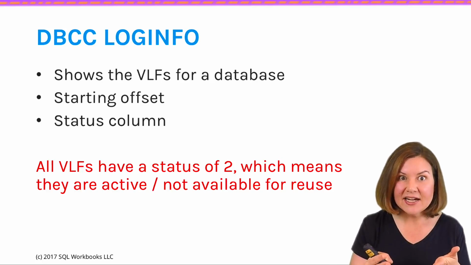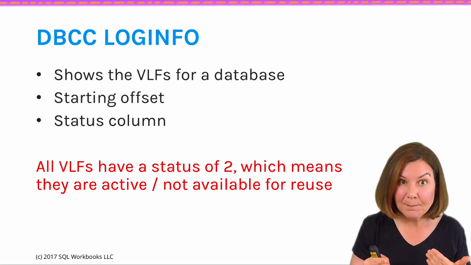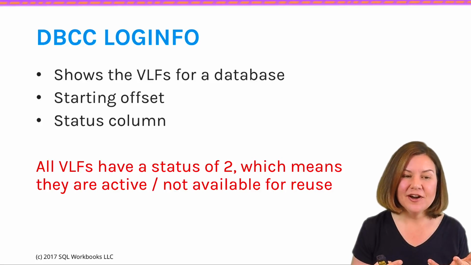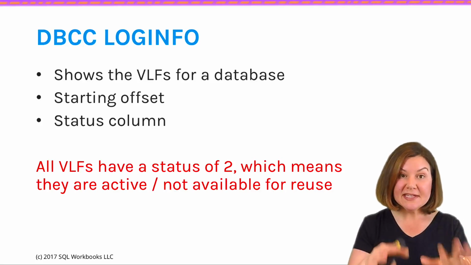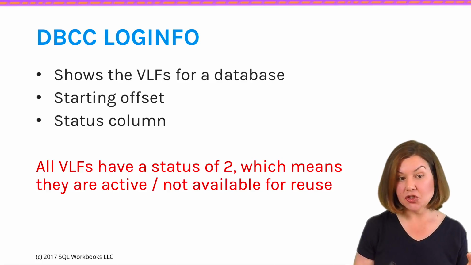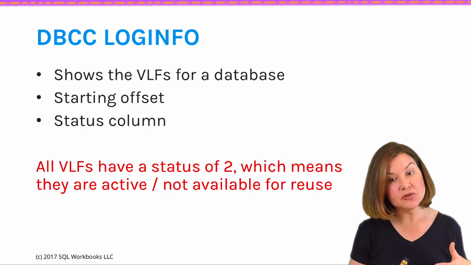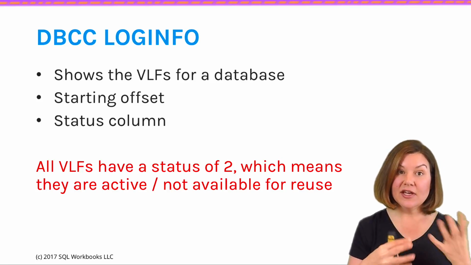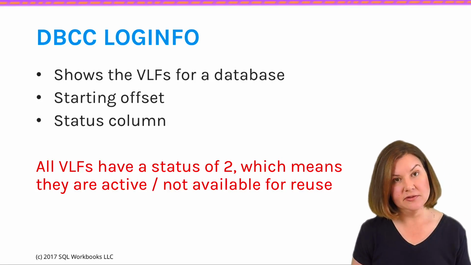And there's this status column in it that has a number for the status, and you can do some searching online and try to figure out what the status is. In this case, all the VLFs had a status of 2. And a status of 2 means that the virtual log file is active and is not available for reuse.